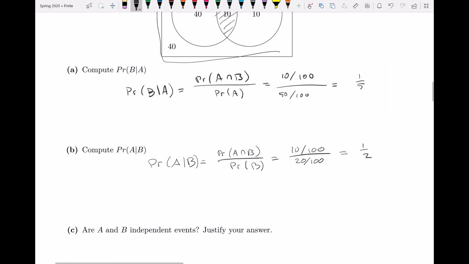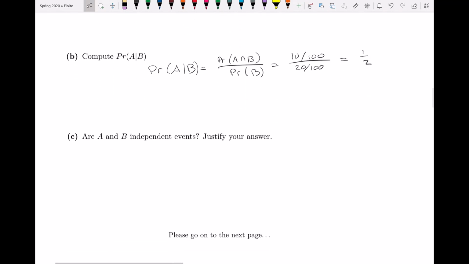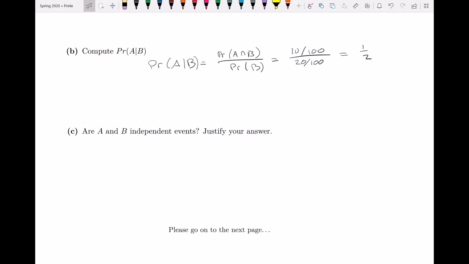Okay, so now the next question is, are A and B independent events? Justify your answer. So we can't just give a yes or no, we have to show the computation.